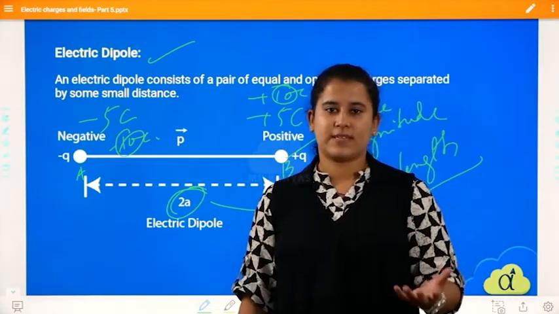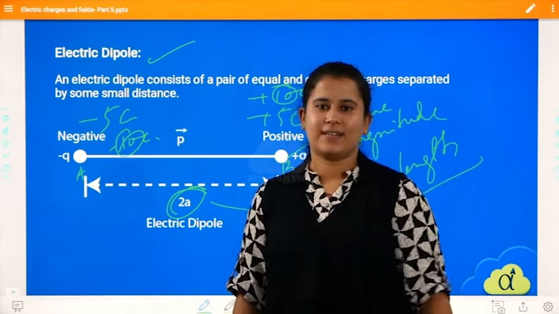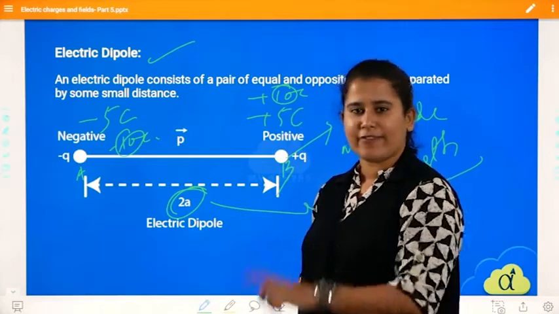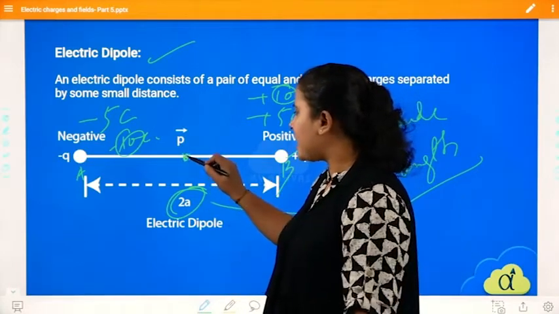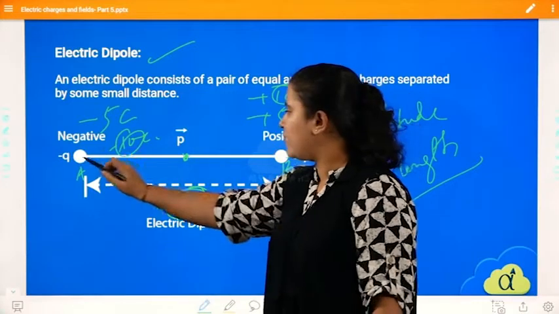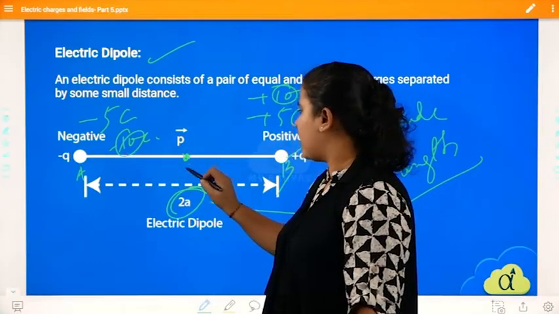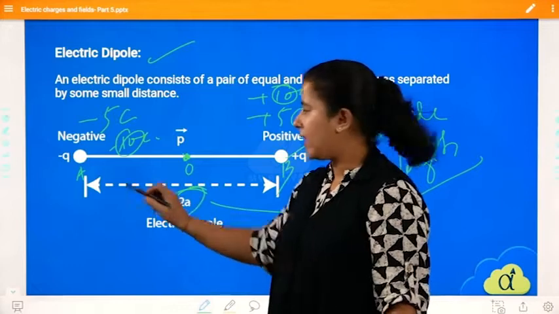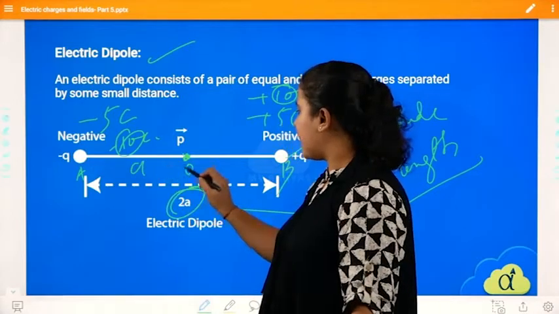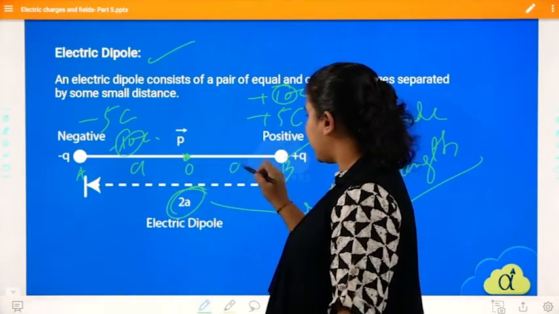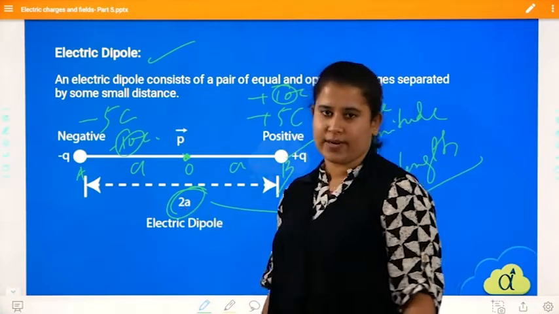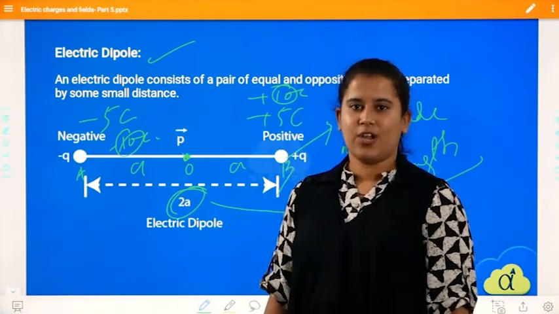That distance we call the dipole length. Another thing to remember here is, if I take a point O at the center, then from minus Q to this point O is A, and from O to B it is A. So A plus A is 2A. That is what we call the dipole length.